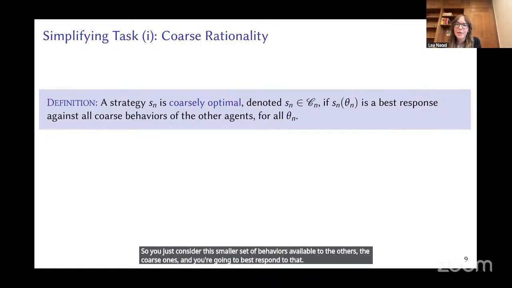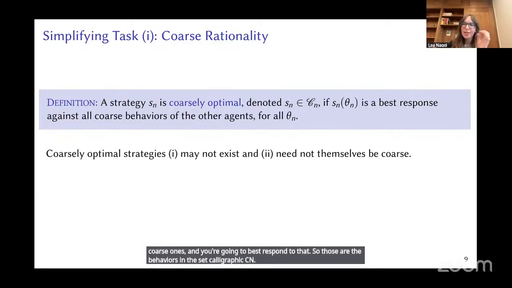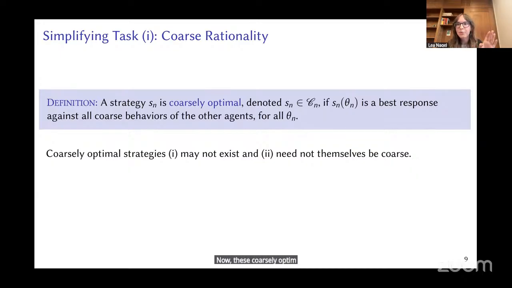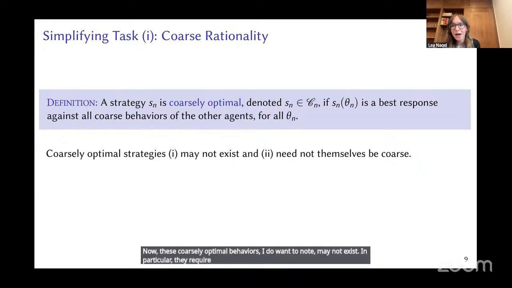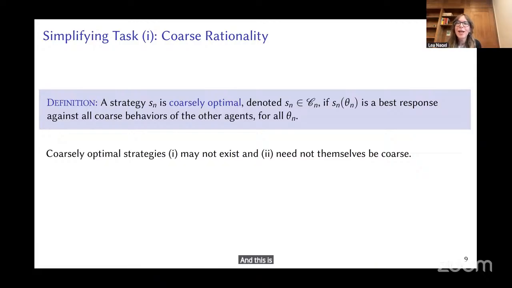So those are the behaviors in the set calligraphic C_N. Now, these coarsely optimal behaviors, I do want to note, may not exist. In particular, they require you to have a dominant strategy under the coarsest information partition that we can define on the game tree. And this is perhaps a bit more subtle, they need not themselves be coarse.